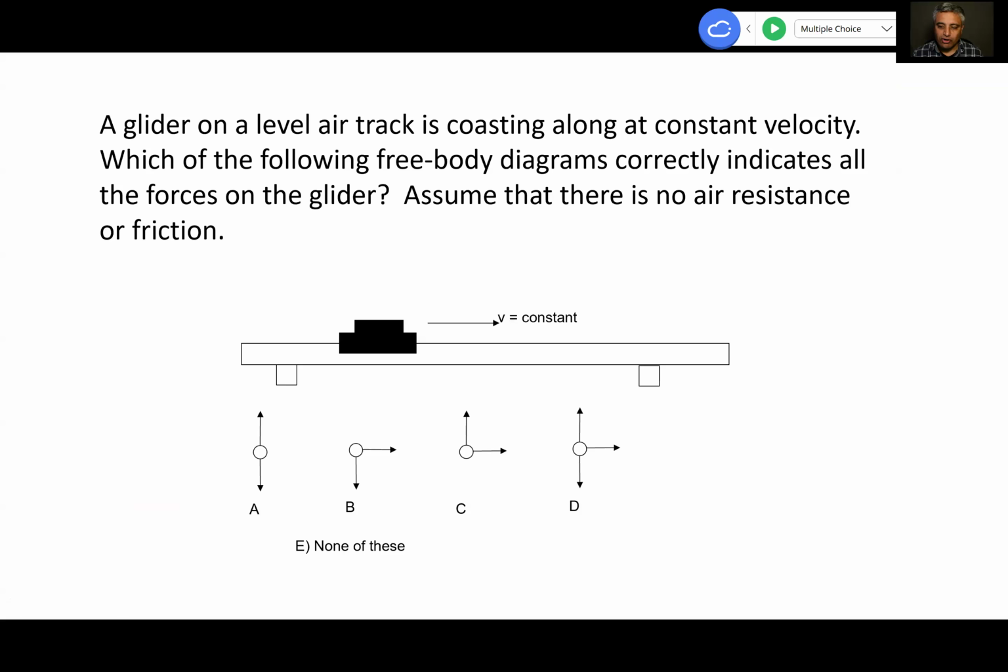Okay, with that said, now we have another question related to the free body diagram. In this case, it's not labeling the forces, okay? But forces are there. So it says velocity constant, and this arrow simply means it's moving in that direction with constant velocity, okay? It says v constant, which means velocity is constant.